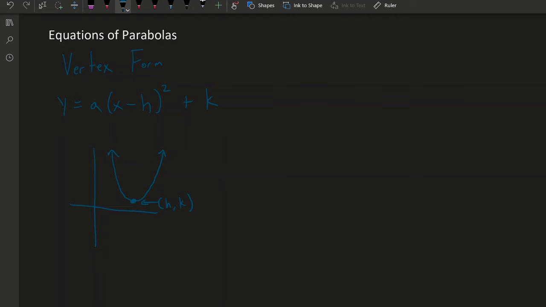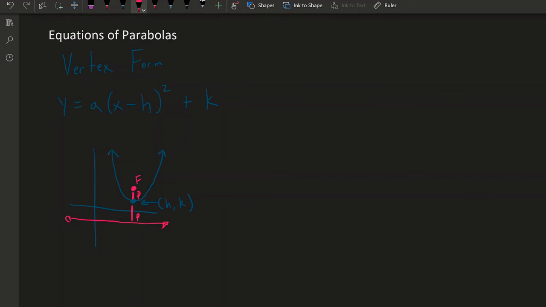A few things I want to add to this right here is that we have the focus somewhere right here, and then we also have a directrix somewhere underneath it, and in between those, oh, I drew this badly, is a distance indicated by the variable p, and that p distance is going to be equal on both sides.